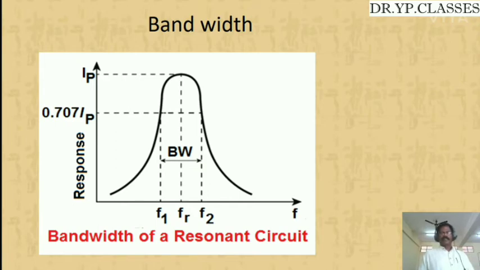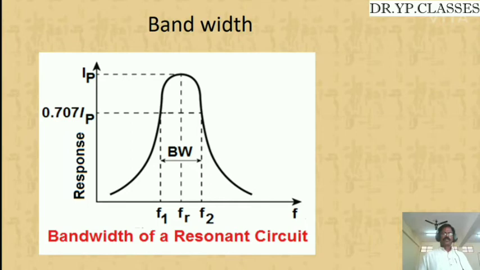So bandwidth: there is a band of frequency. The width of the band between the two frequencies, F1 and F2, is called the bandwidth. We have to draw the graph of the frequency response versus the current.